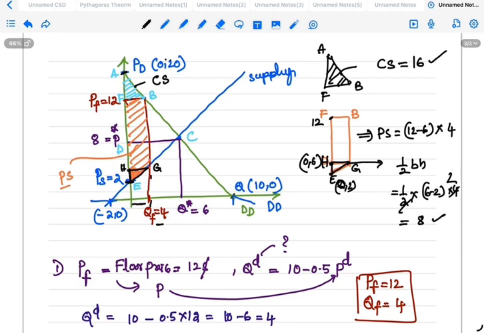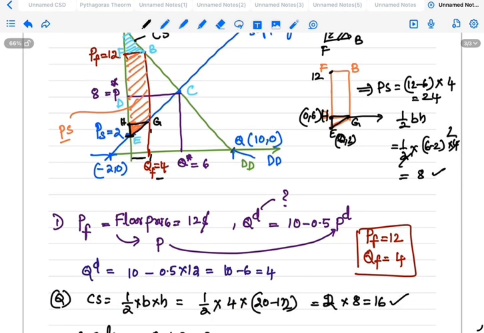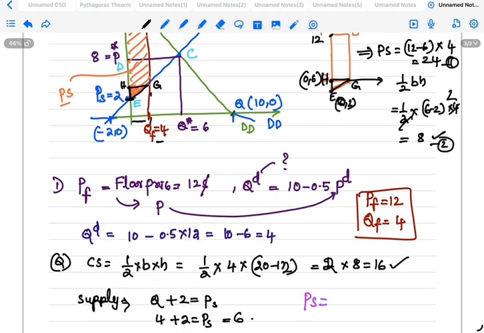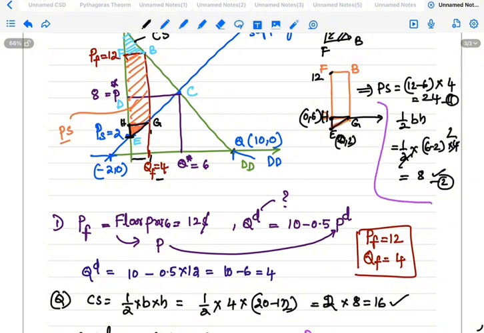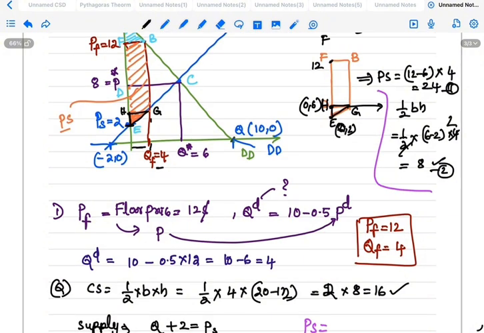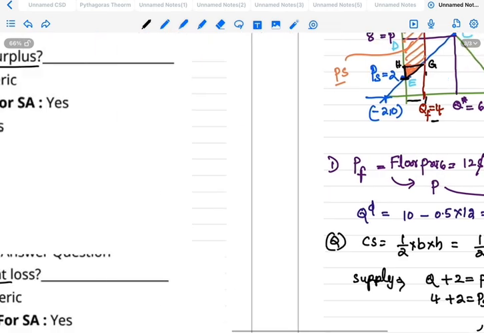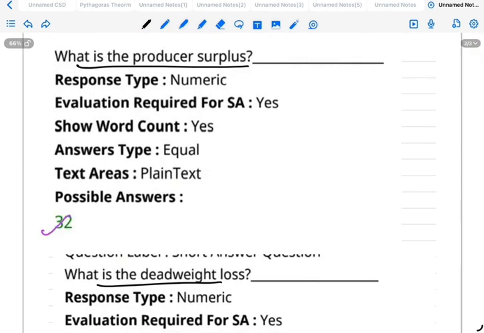So the total PS equals 24 plus 8, which is 32. Yes, the producer surplus is correct.